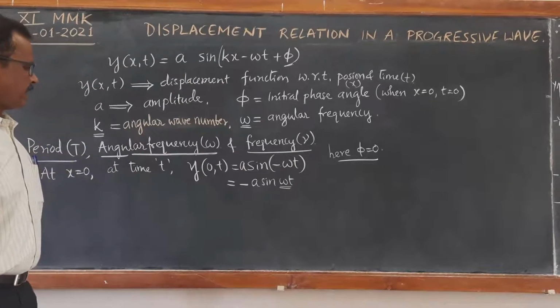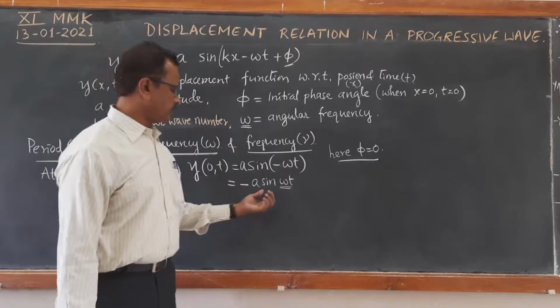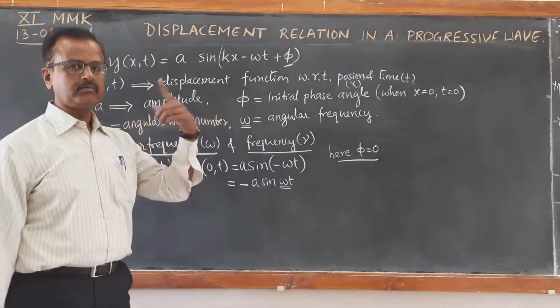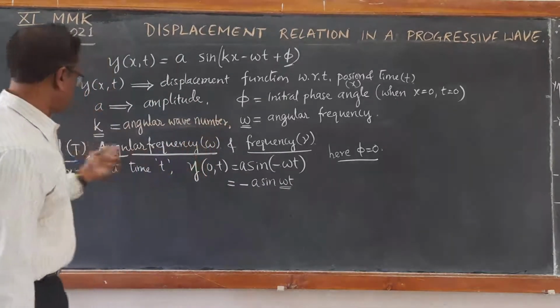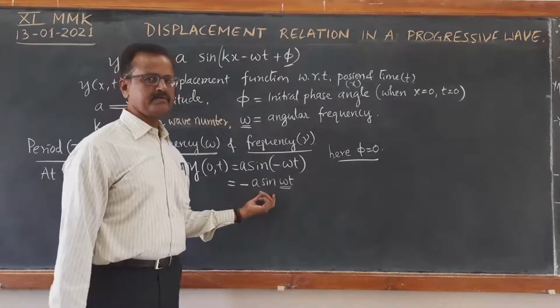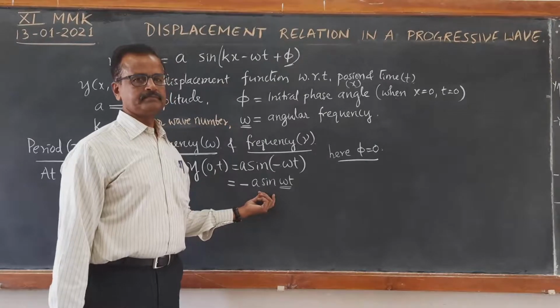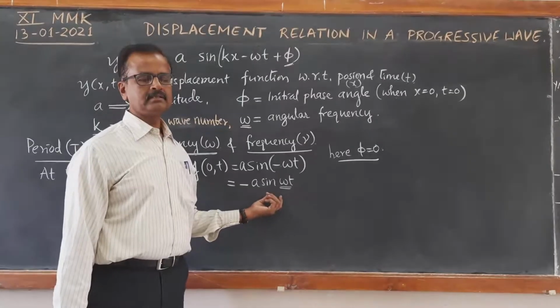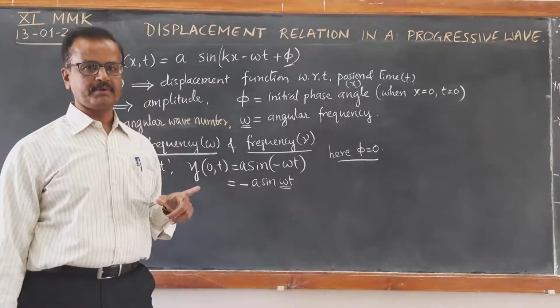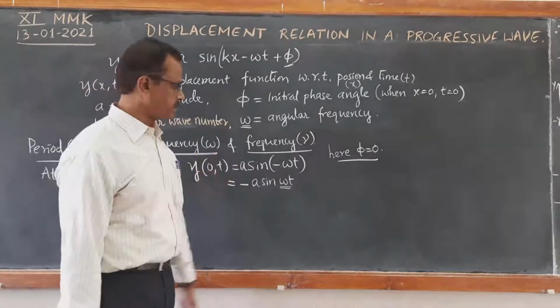Then a particle will be in this state of vibration at time t exactly after one period. Exactly after one time period, the particle will have the same state of vibration. That is what we call the time period T. Time taken for one complete oscillation of the particle is called the time period T.